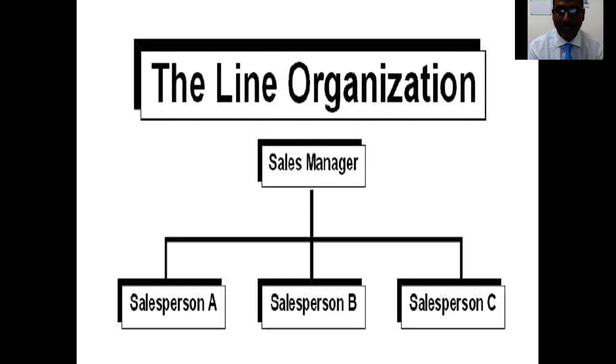Here it's a sales manager, and then they have salesperson A, salesperson B, and salesperson C. These salespersons may report to the owner or the shareholder, but the owner may not be present, but the person in charge is here all the time. He is not only in charge of the salespersons' sales performance, but also in charge of the accountability, that is, how productive they are or not, and their discipline and all those things.